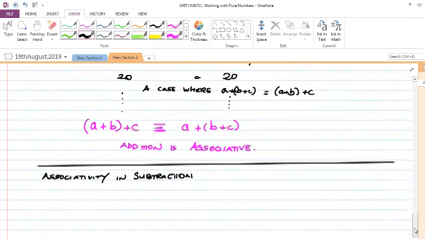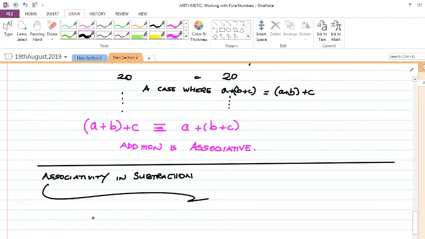And again, for associativity in subtraction to take place, I'm looking for numbers like A, say take away B, take away C. Right? I want to see if the order in which I do that affects the result.